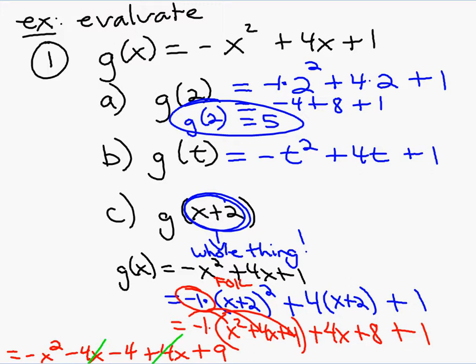Those go away. And I'm just left with negative x squared plus 5. And that would be your answer to that problem. That is g of x plus 2. Okay? So be aware of all three situations and their differences. That's where your notes can help you tonight.